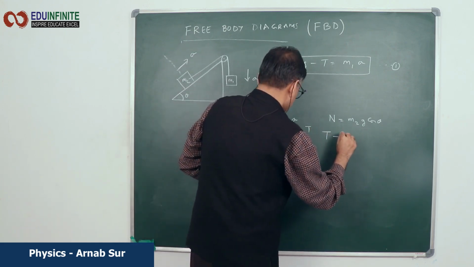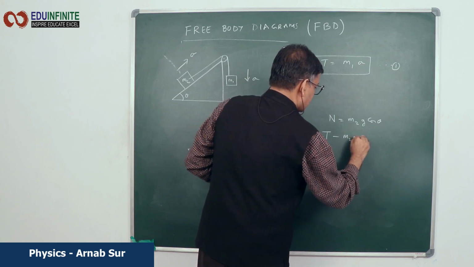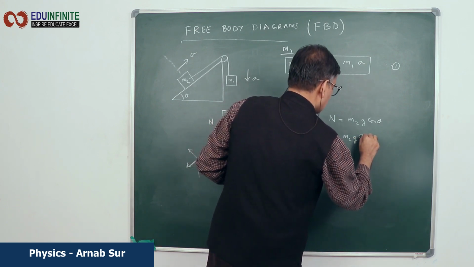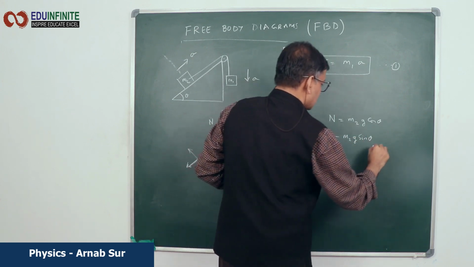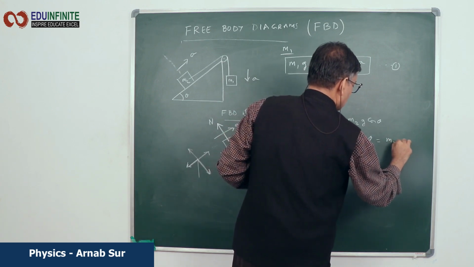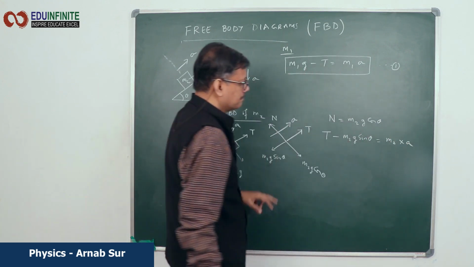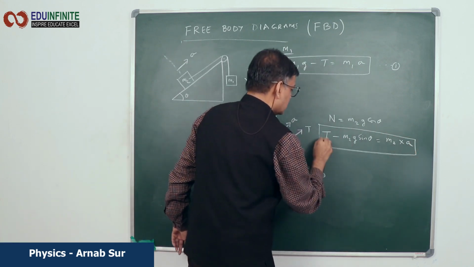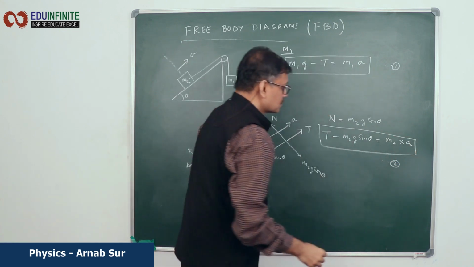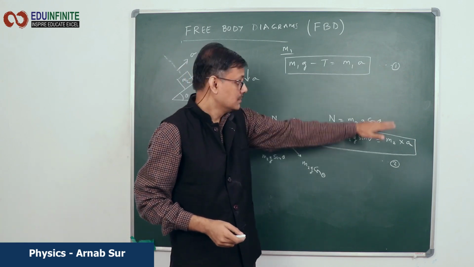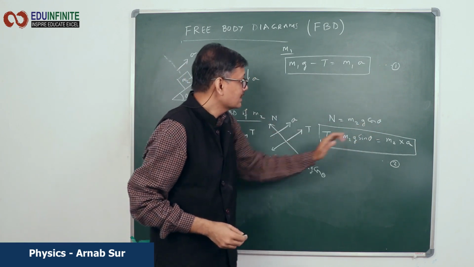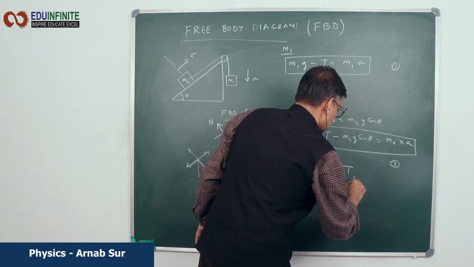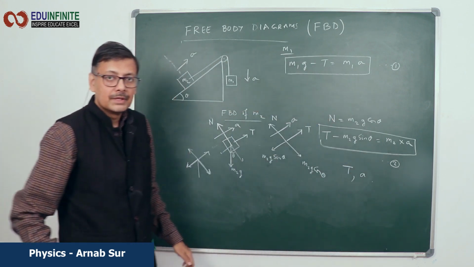So T minus m2g sin theta should be m2 into a. So this equation, you can call it equation number 2. So this is equation number 1, this is equation number 2. So solving these two, you can find T and a.